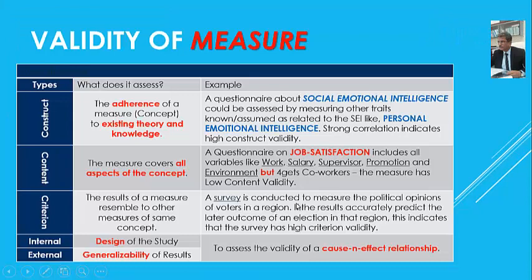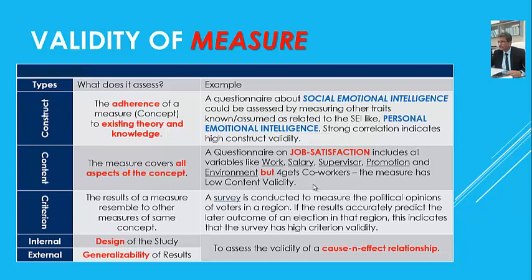There are several types of validity, or several dimensions of validity, which have been discussed by experts and researchers. Most commonly discussed are construct validity, content validity, criterion validity, and then internal and external validity.